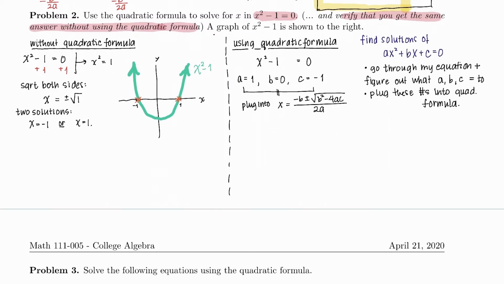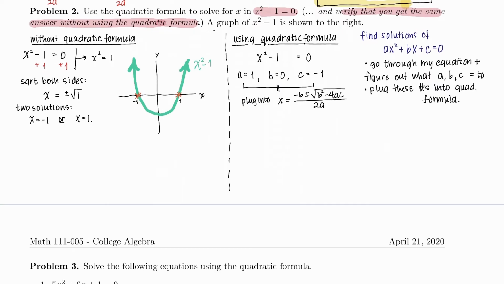This might seem a little bit silly to do because on the left-hand side, where we didn't use the quadratic formula, it wasn't difficult to solve for x. But I'm just doing this to show you that it can be done, and to show you it's not so bad. So let's plug in all of these numbers.